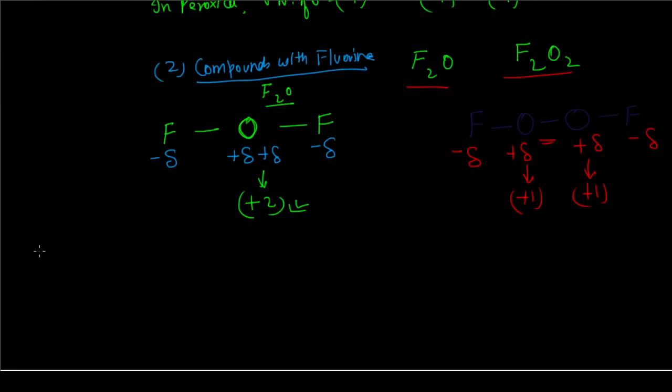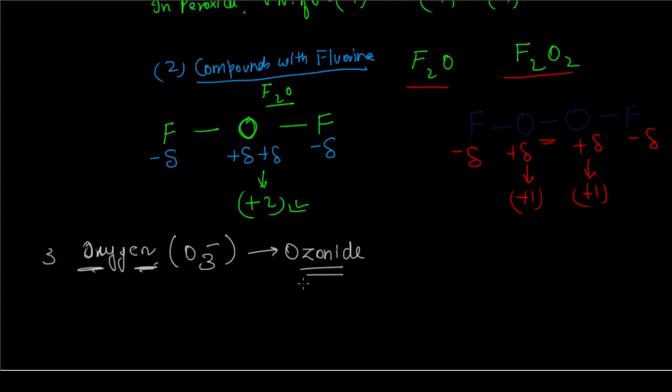The third exception is that oxygen can also exhibit a new kind of linkage, right? And that is called the O3- linkage. This O3- linkage is called ozonide.